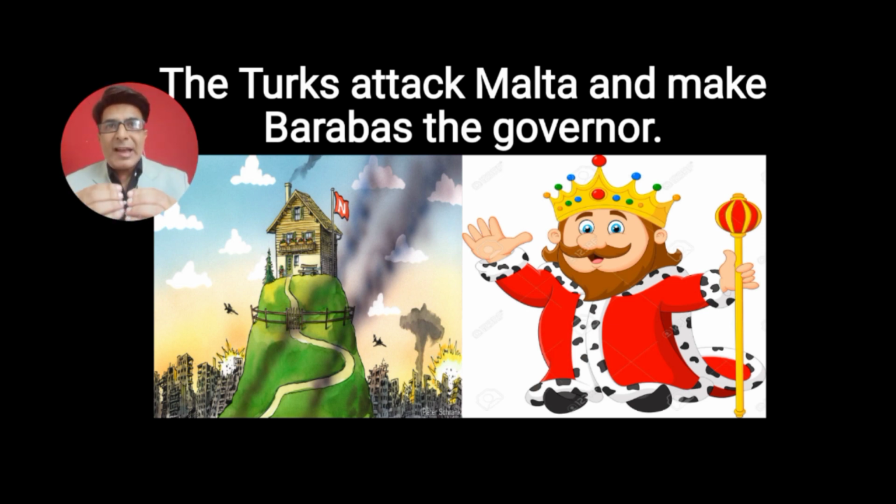So this is how Barabbas keeps on committing so many crimes in order to regain his lost wealth. Meanwhile, as I told you in the beginning, there was a conflict between the two countries, Malta and Turkey. The Turks attacked Malta and make Barabas the governor.